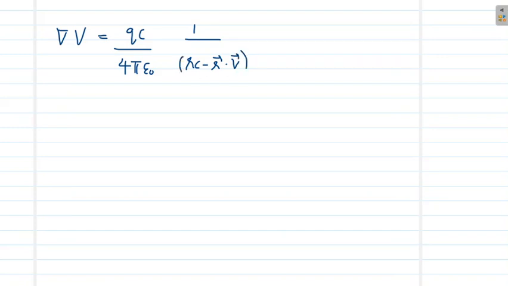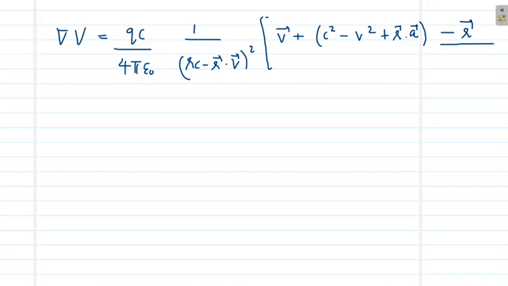So we can write del v to be equal to qc by 4 pi epsilon 0 into 1 by rc minus r bar dot v bar the whole square into, I am taking the negative sign inside the bracket, so it is v bar plus c square minus v square plus r bar dot a bar into del tr, which is minus r bar divided by rc minus r bar dot v bar.